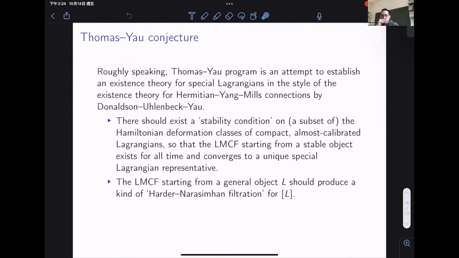So the first part is a condition to guarantee the long-time existence and convergence of Lagrangian mean curvature flow. And the second part describes some kind of singular behavior of the flow that breaks a Lagrangian submanifold into smaller pieces.